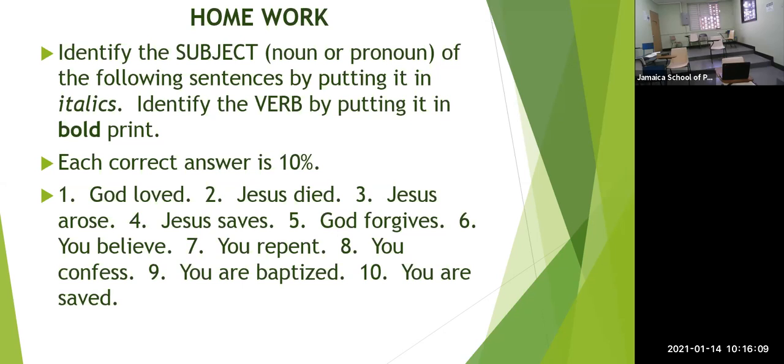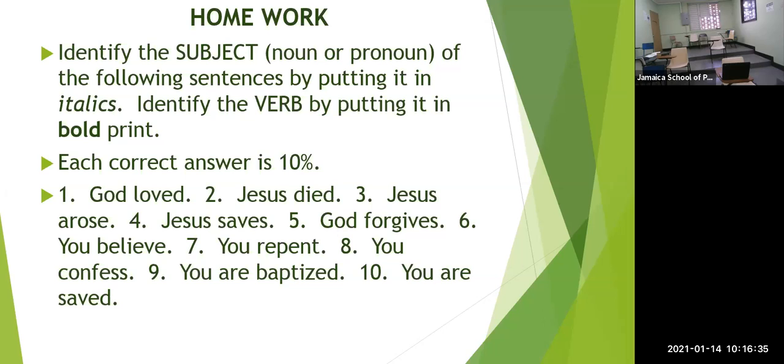Okay, subject, Jesus, verb, died. Subject, Jesus, verb, arose. Number 4, subject, Jesus, verb, saves. Number 5, subject, God, verb, forgives. Number 6, subject, you, and verb, believe.